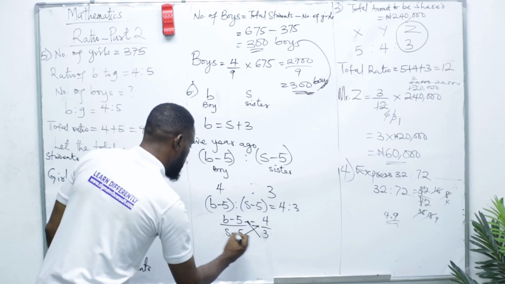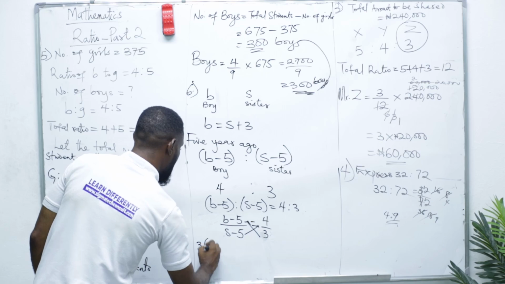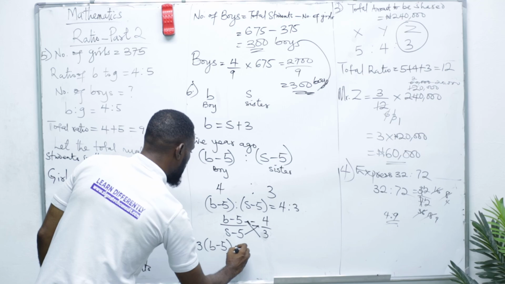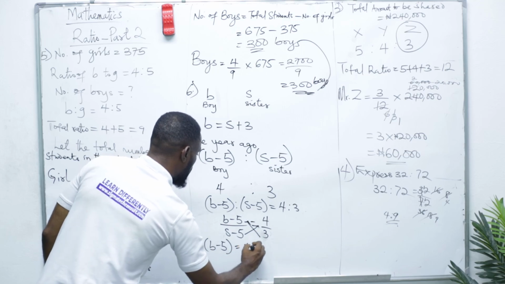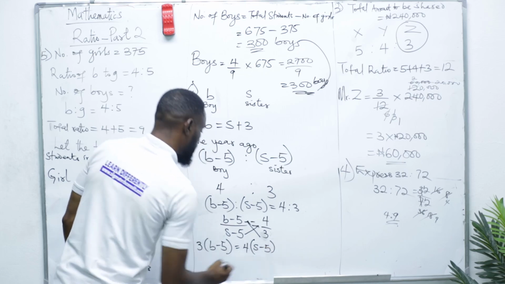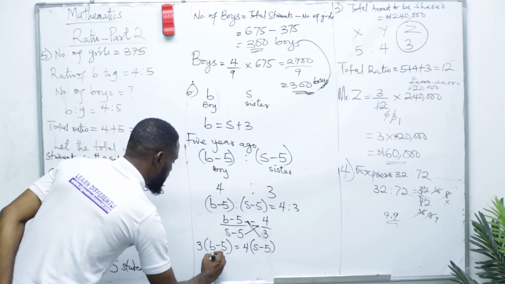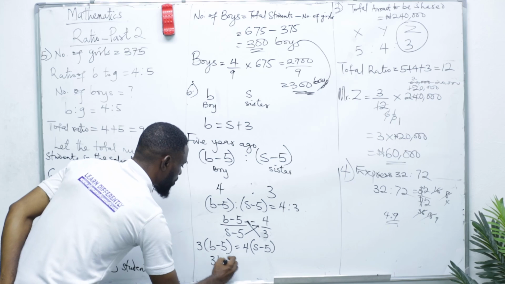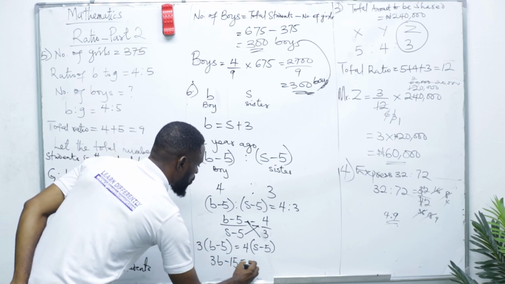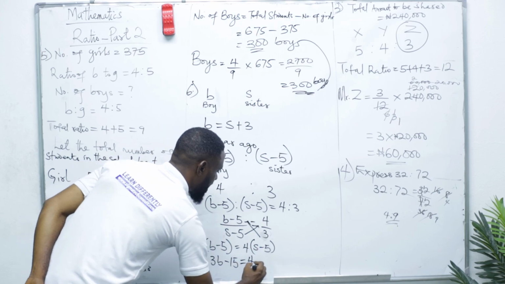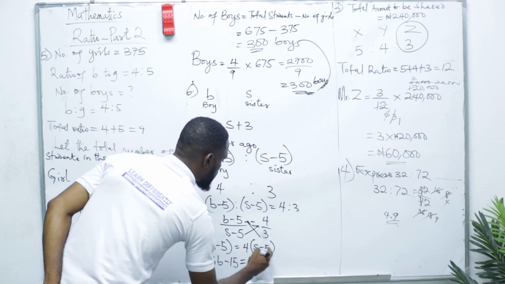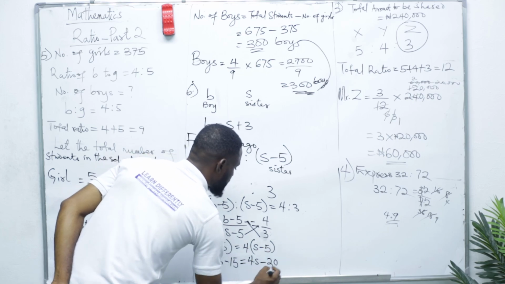So this will be 3 times (B - 5) equal to 4 times (S - 5). So this gives us 3B - 15 = 4S - 20.